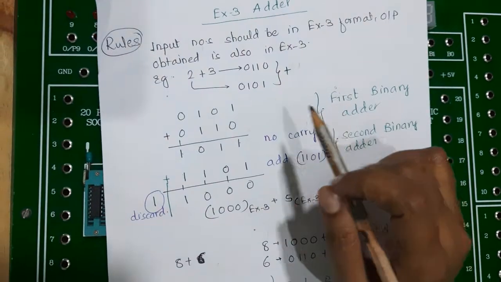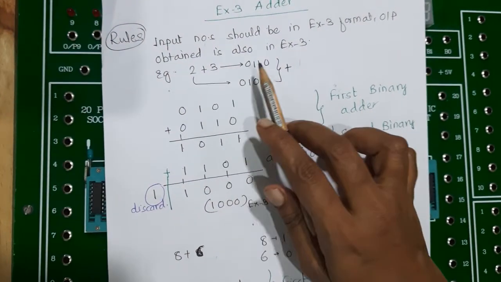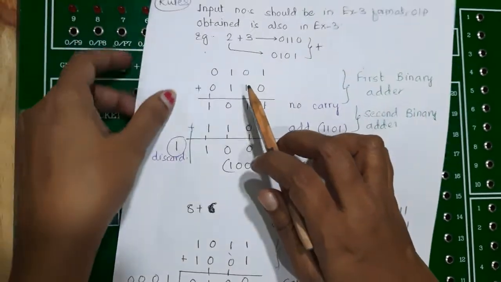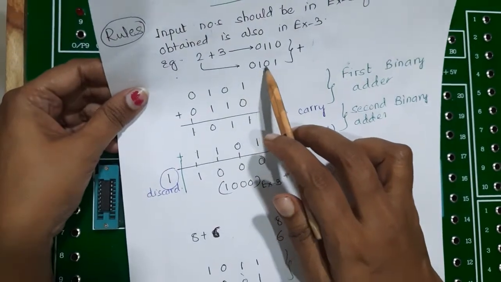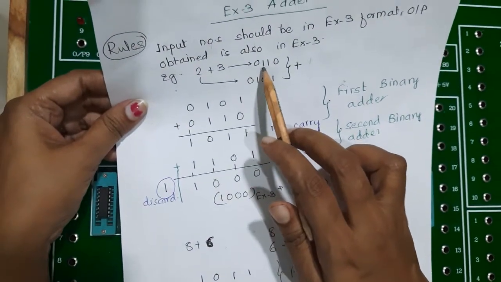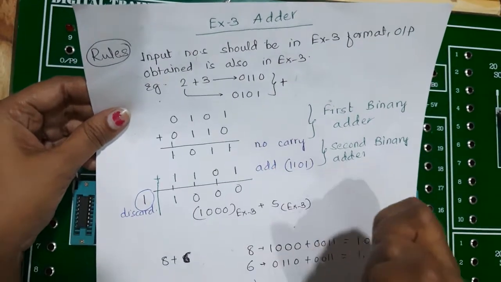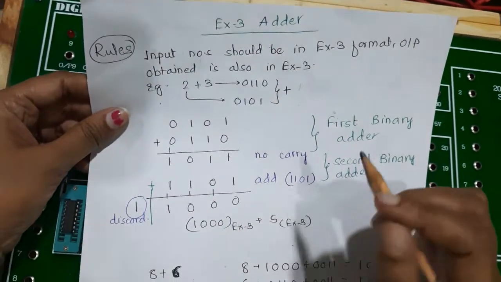So if I wish to perform 2 plus 3 on the circuit, I have to provide the input as 0101 and 0110, and whatever result I get, again that will be in XS3 format.